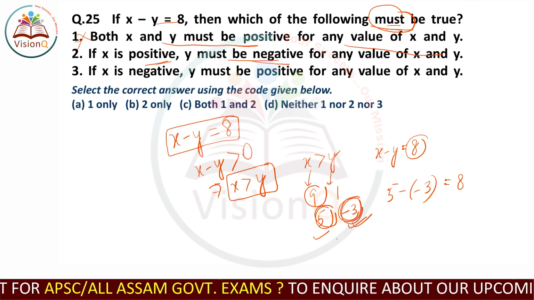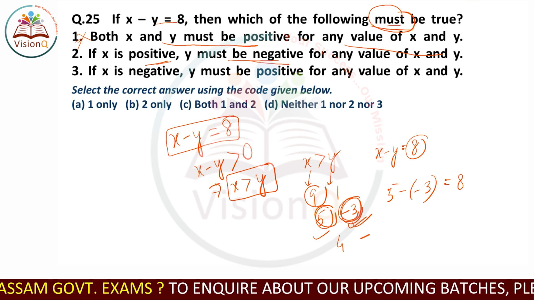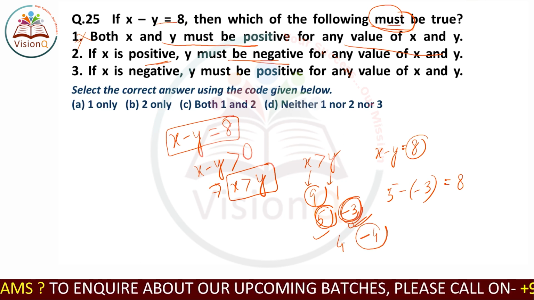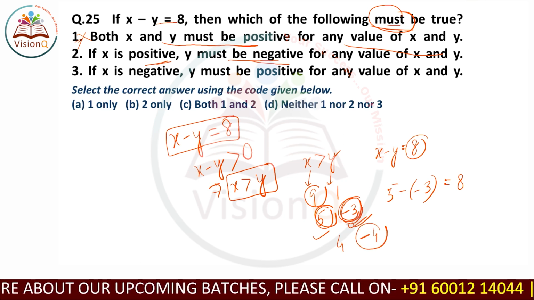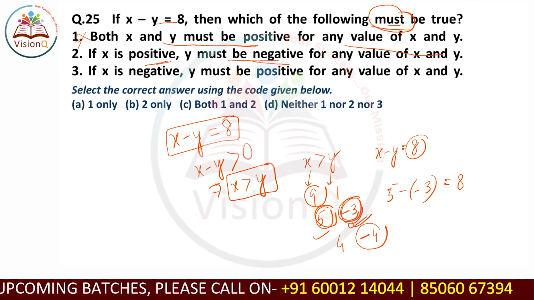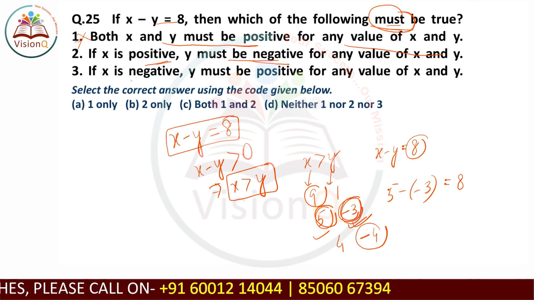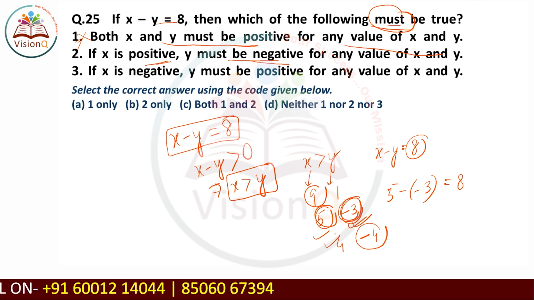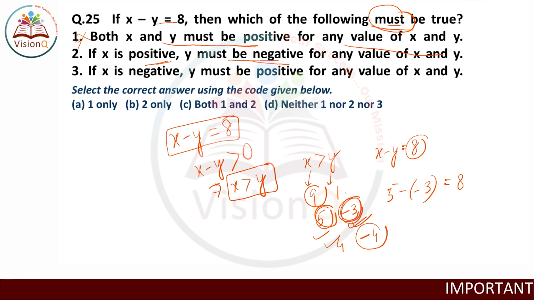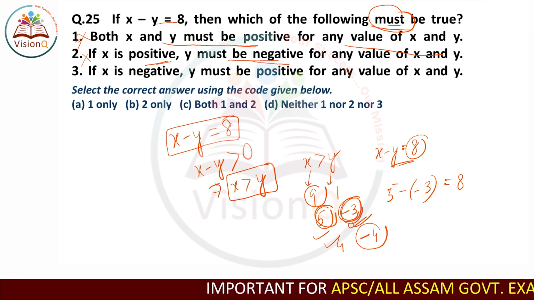Or if x is 4, y should be minus 4, such that their difference is equal to 8. That means if x is positive, it is not necessary that y should be negative. y may be negative or y may be positive, as long as their difference is equal to 8. So second statement is also wrong.